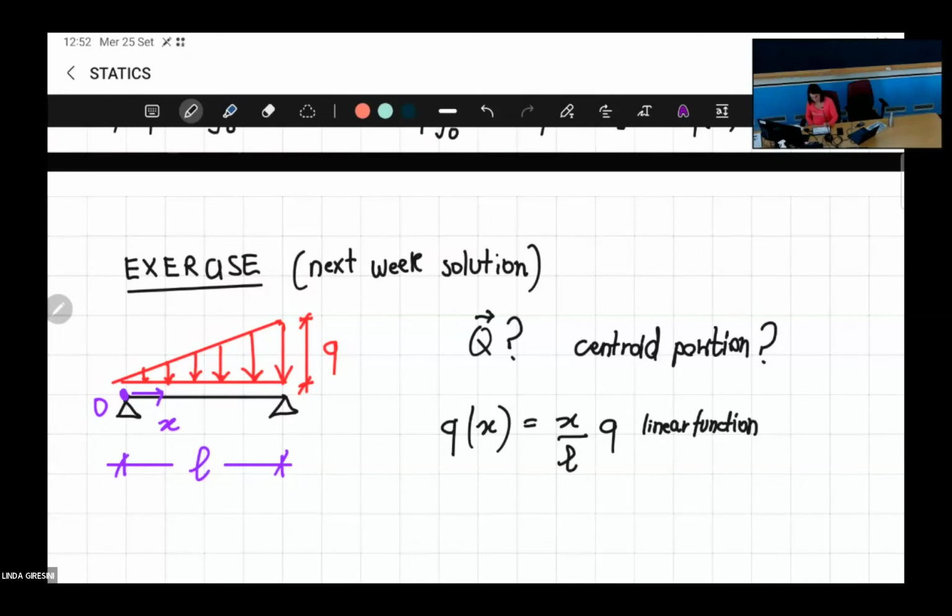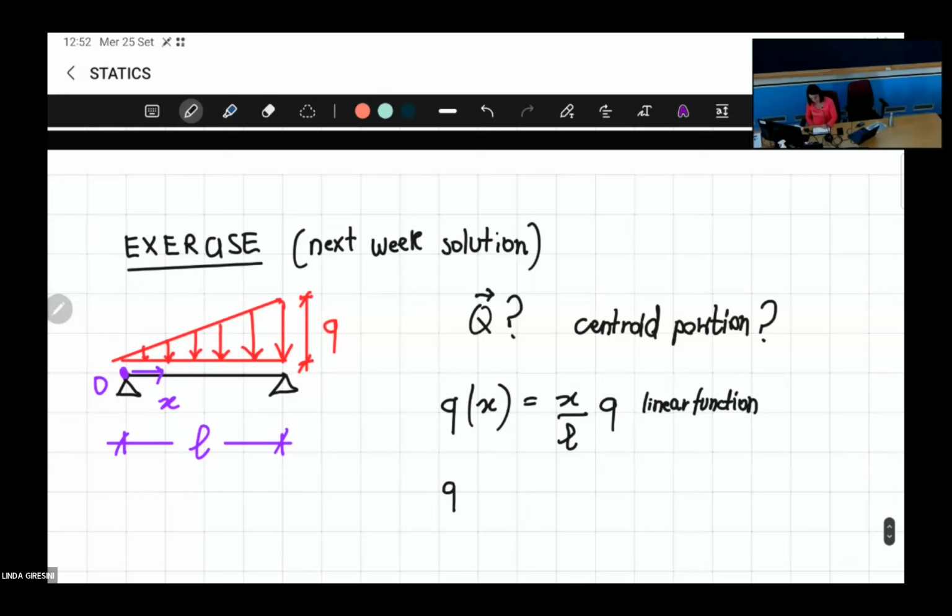Indeed, for x equal to 0, we are on the origin, and the load is equal to 0. You see that it is 0 here, yes? At the other support, so this is O, this is A. In node A, you have the maximum line load.